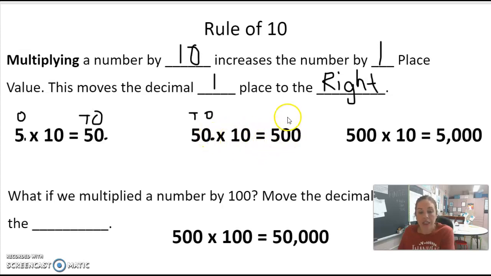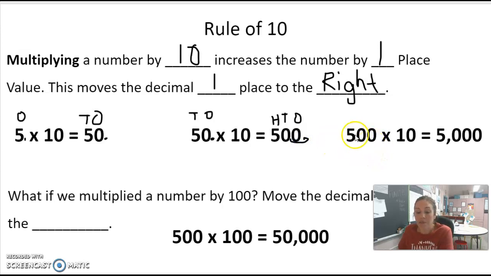After we multiplied it by 10, is my 5 still in the tens place value? No, it has moved to the hundreds. And look, my decimal was after the first 0. It was right here. We moved it one place to the right.